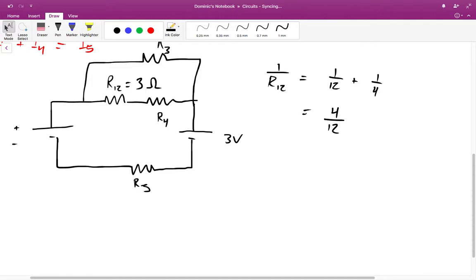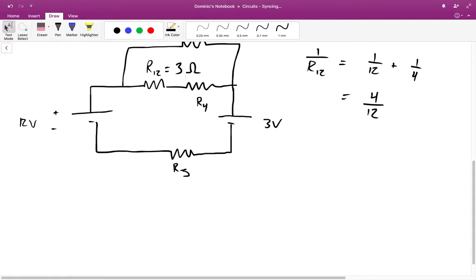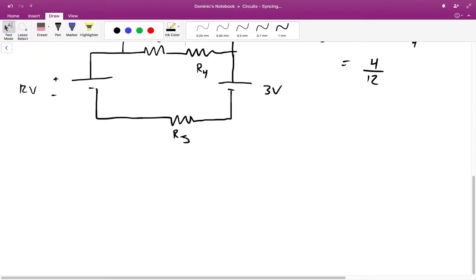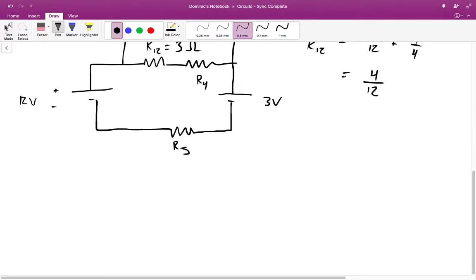Okay, from this point, I'm going to go ahead and combine R12 with R4. And if I do that, then the circuit that I will have looks like this. Again, I've got my 12-volt battery. And then from here, I'm going to have, we'll call that R124.